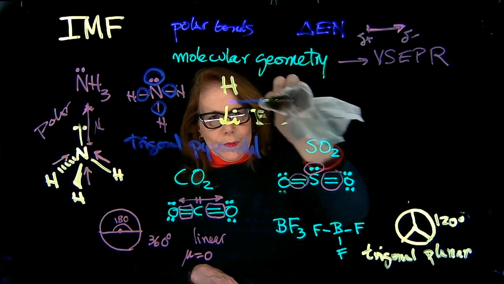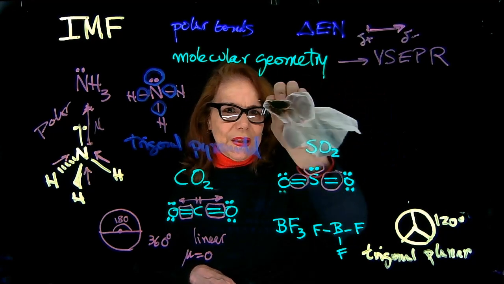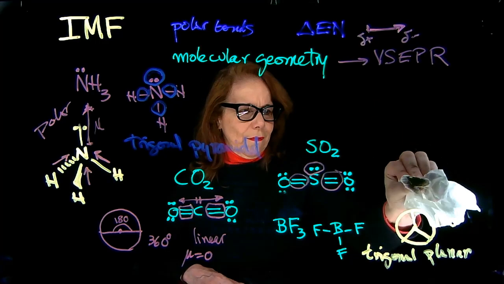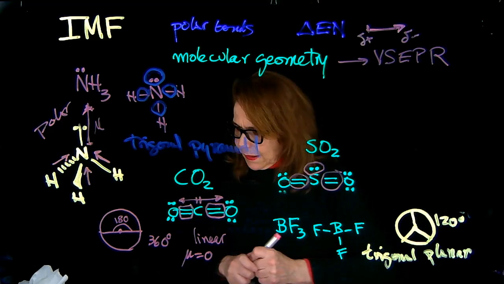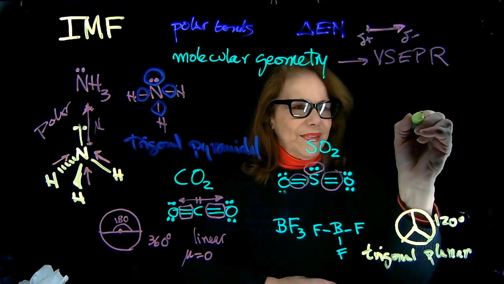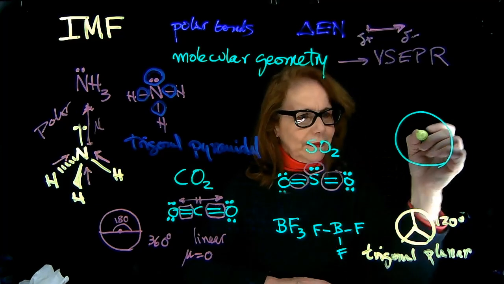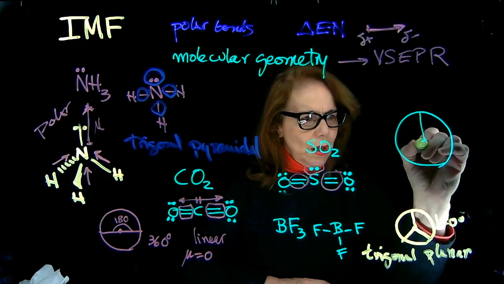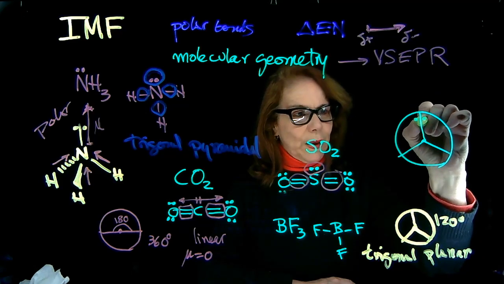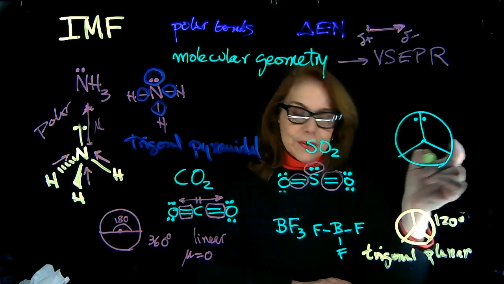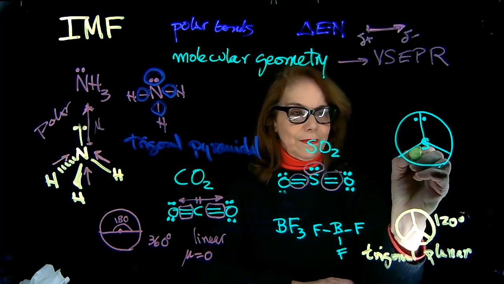So now I have 3 domains, and I'm going to do the same thing I did for the boron. Let's say that now I have this circumference with 3 domains, 1, 2, and 3. But one of these domains is actually occupied by a lone pair. The others are occupied by bonds. So my actual geometry is the following.